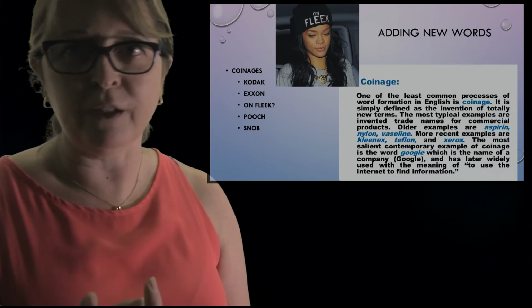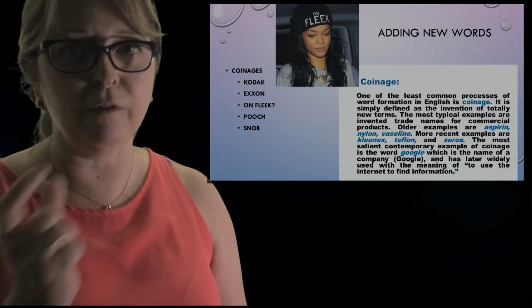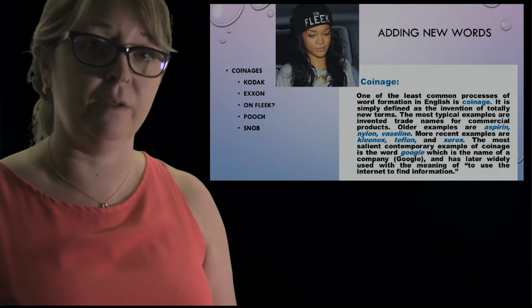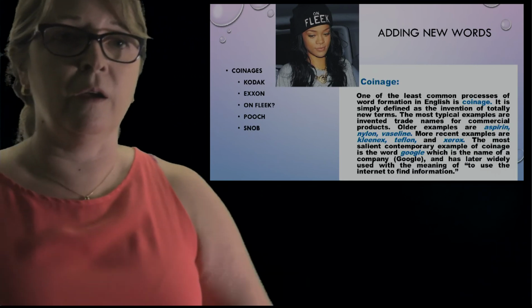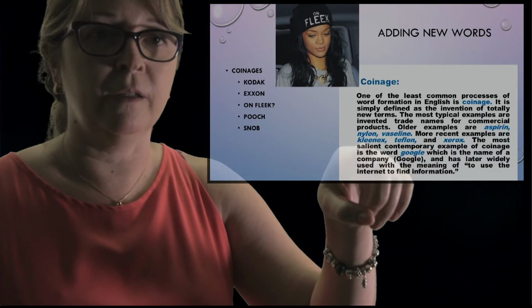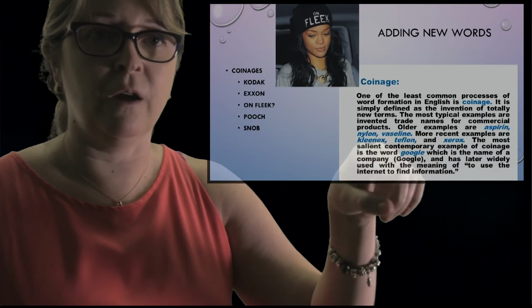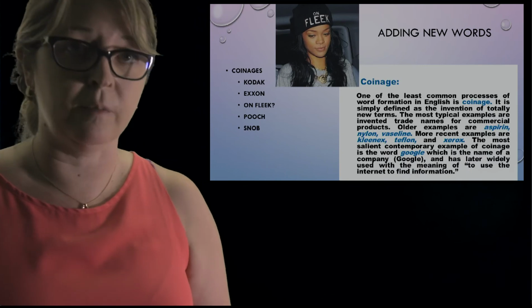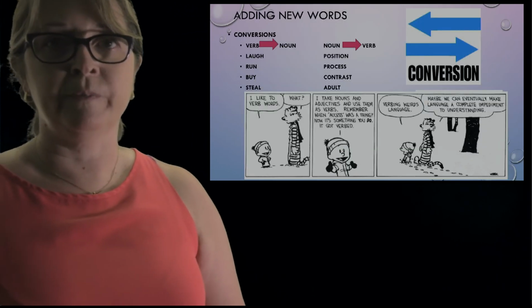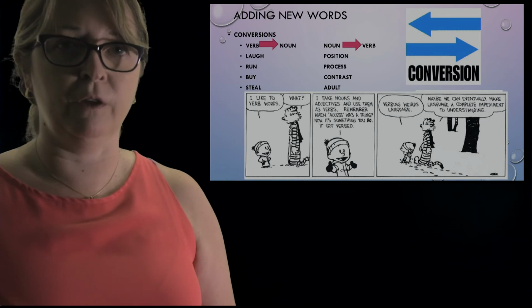You can't look up fleek, though. It has to be on fleek. So is on part of the word? That's crazy, right? There's others here: aspirin, nylon, Kleenex, Xerox, Google. Yeah, that's a big one. Uber.